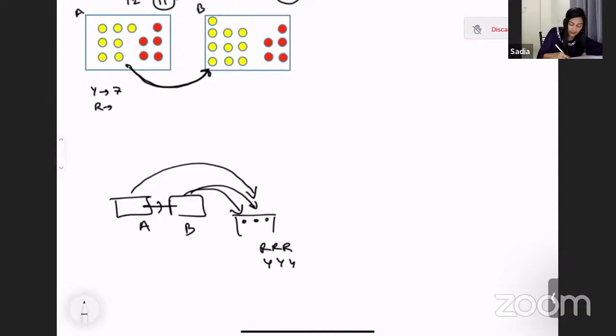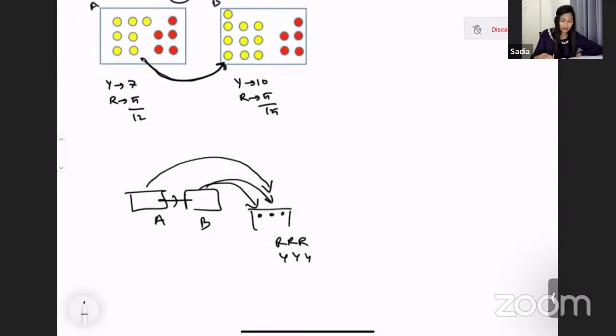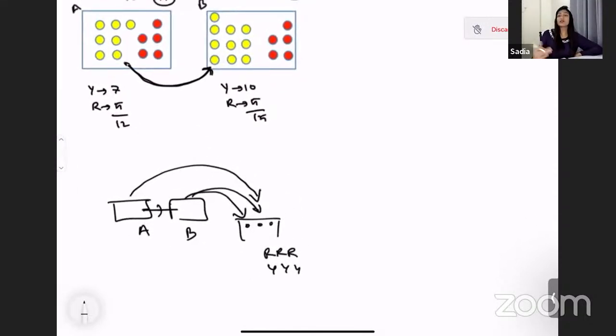initially yellow was 7 and red is 5, total 12. Yellow is 10, red is 5, total 15. So this is the initial situation. If the first marble removed from bag A to B was yellow, in that case probability should be 7 by 12, number of yellow divided by 12.